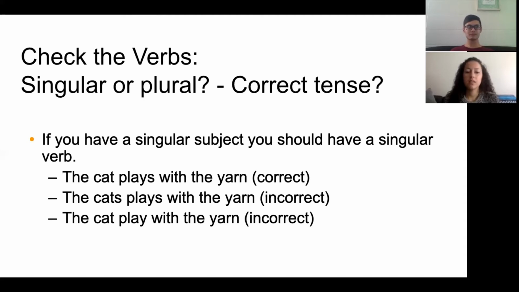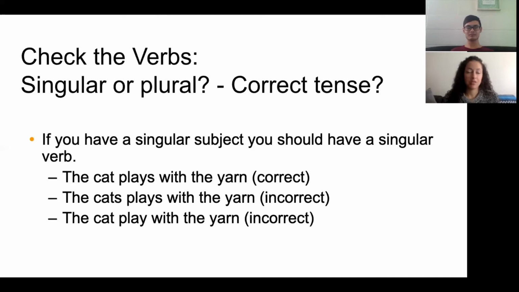And as we can see, if we cursor down, we see the example of "the cat plays with the yarn." So as you can see, the cat is singular and plays is the verb form for a singular subject. Whereas if we cursor down, we see that "the cats plays with the yarn" is incorrect because the verb form refers to a singular subject.